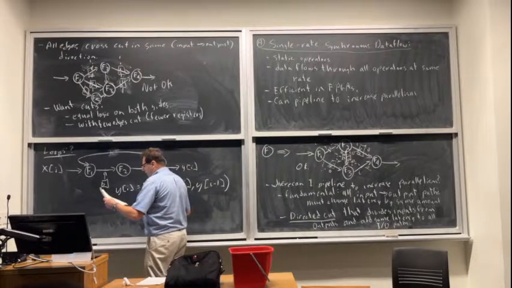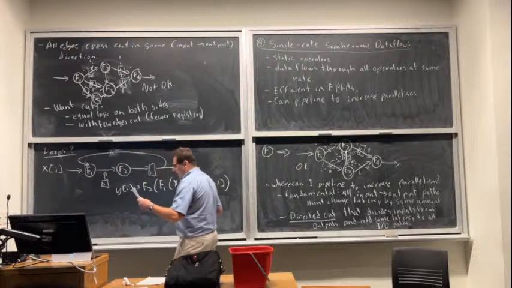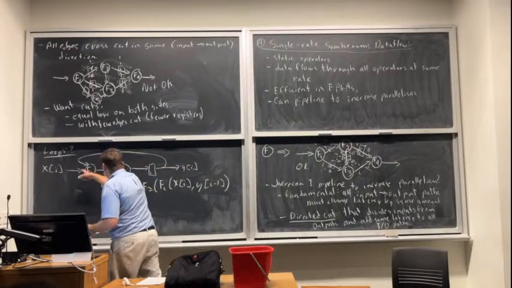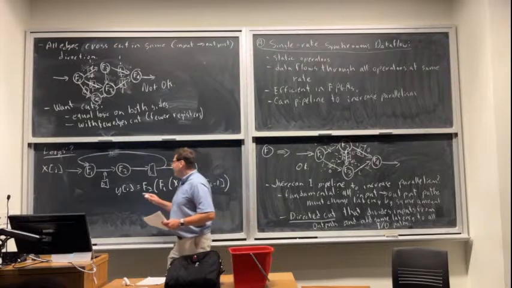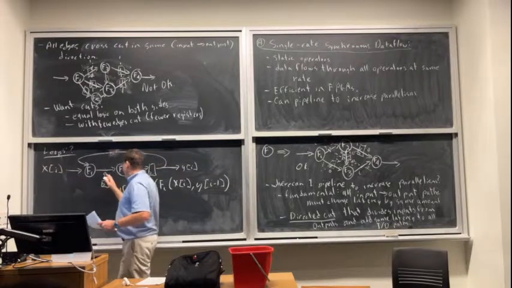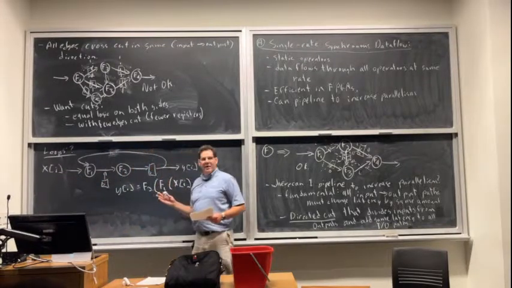If I put a register in here, fundamentally what I've done is I've added latency, okay? So that it now takes 2 cycles for my y value to get updated.